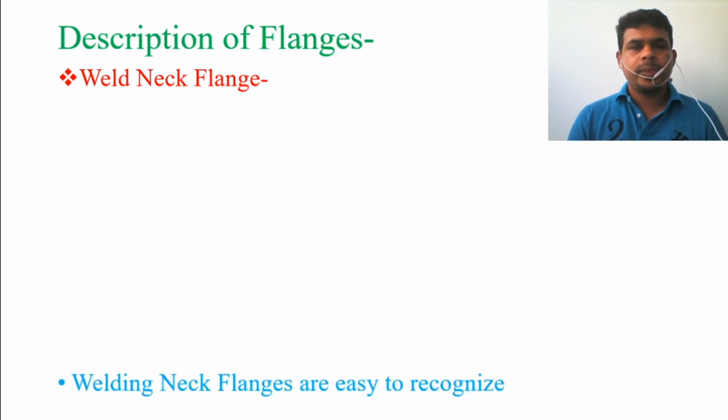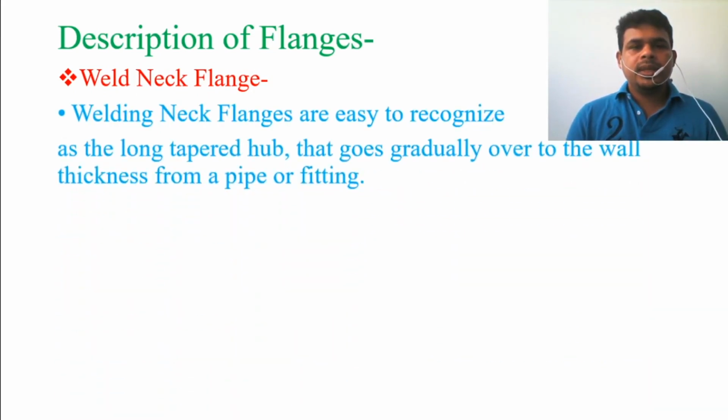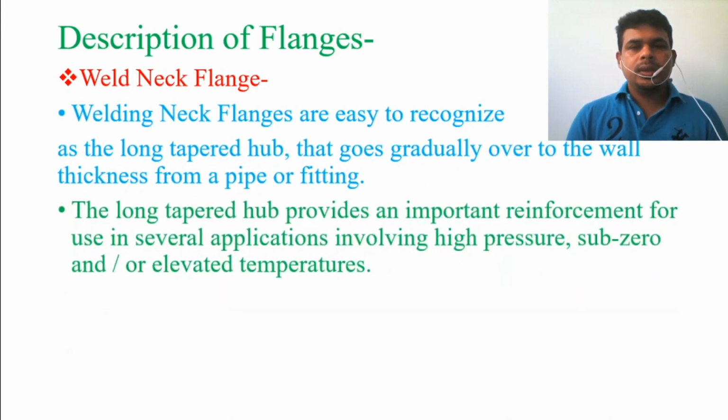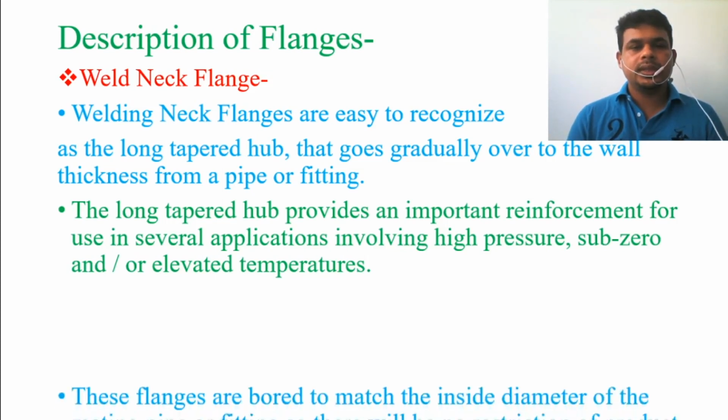Weld neck flanges are easy to recognize, as the long tapered hub goes gradually over to the wall thickness of the pipe or fittings. The long tapered hub provides an important reinforcement for applications involving high pressure, sub-zero or elevated temperatures.